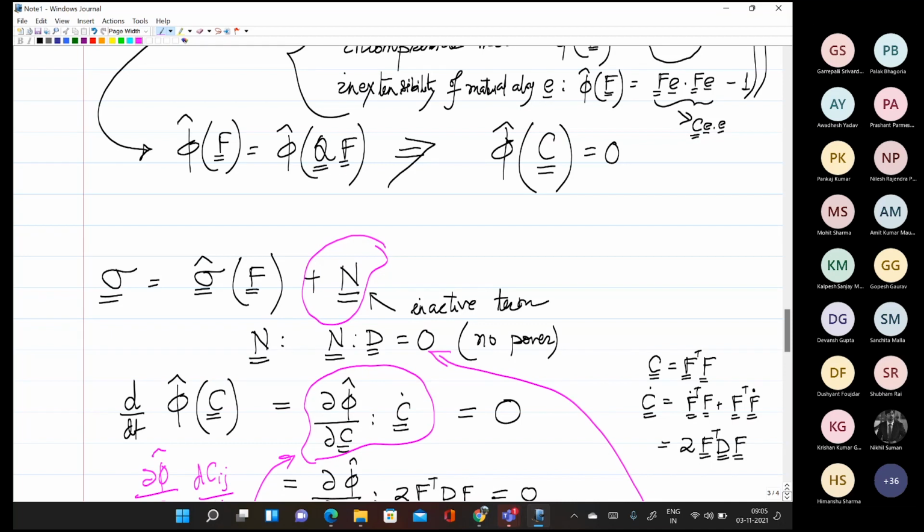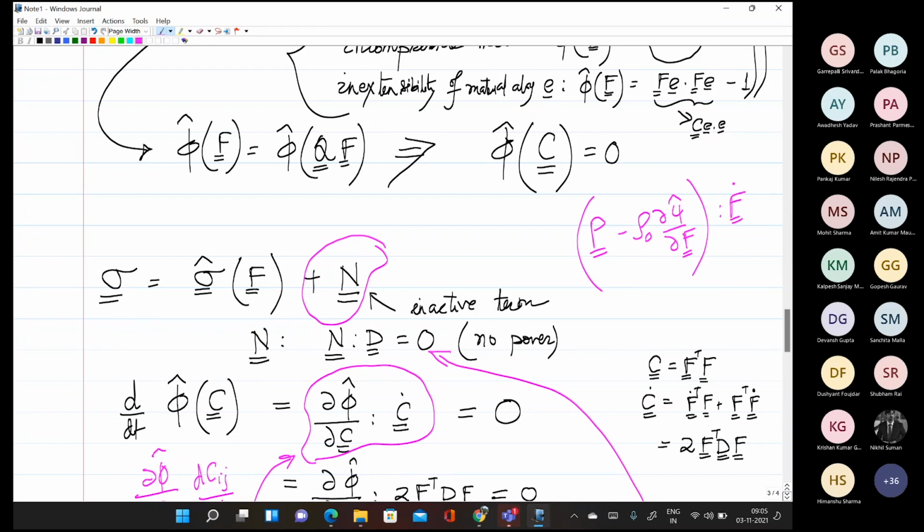And why are we not able to get it from the second law of thermodynamics, the entropy inequality? You remember in the entropy inequality we had things like P minus rho naught del psi hat by del f double contracted with f dot. Do you remember?